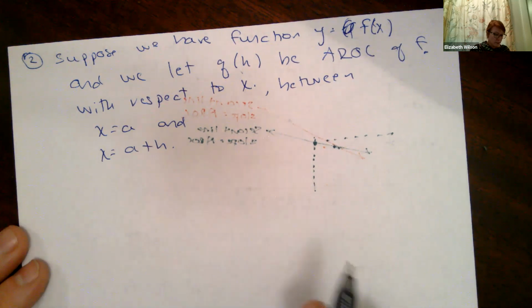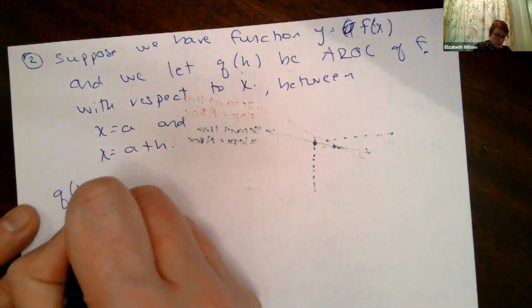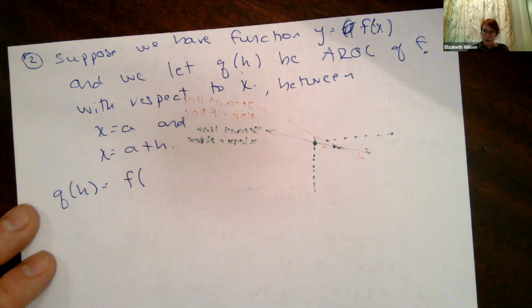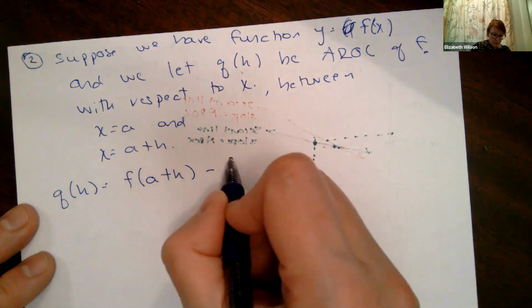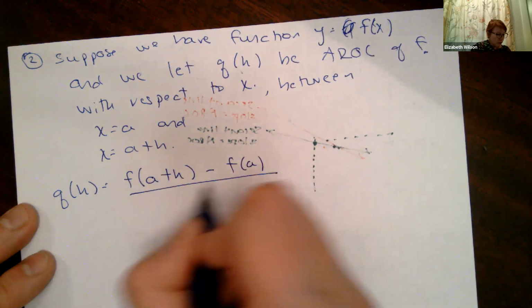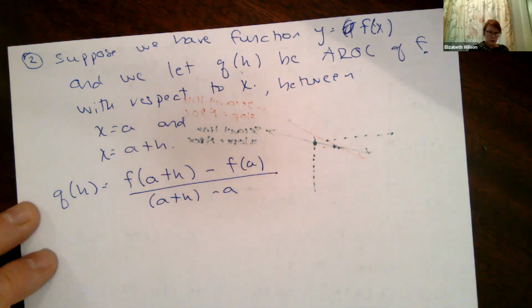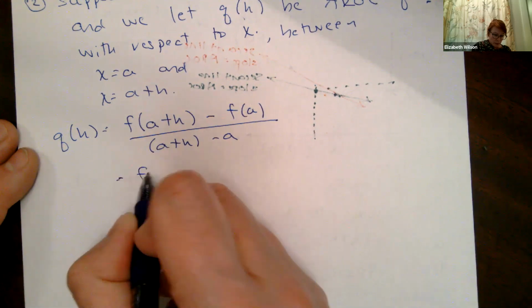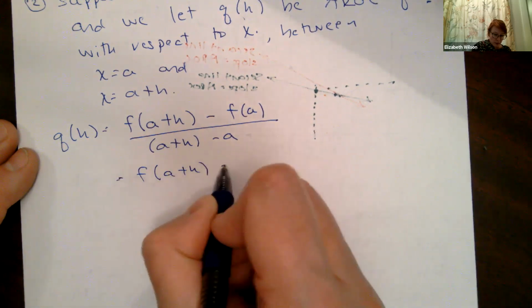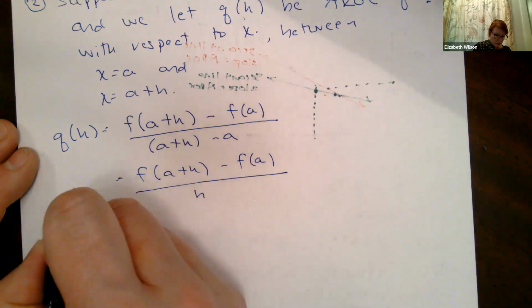And now I can write q of h equals the slope of that secant line: f of a plus h minus f of a, all over a plus h minus a, which I can simplify on the bottom to be f of a plus h minus f of a all over h.